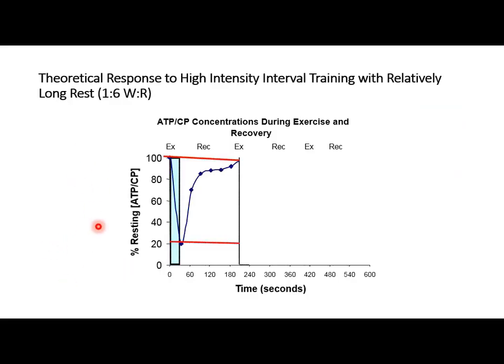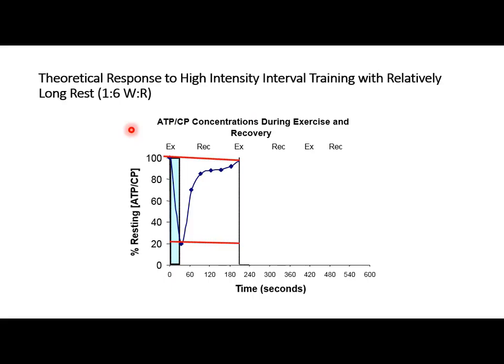So if you look at this diagram here, this is showing a theoretical response to high intensity interval training, HIIT training, with relatively long rest. Specifically, this is showing a 1:6 work to rest ratio. If you guys remember from exercise physiology, for high intensity activity, the creatine phosphate system is the energy pathway that provides ATP.